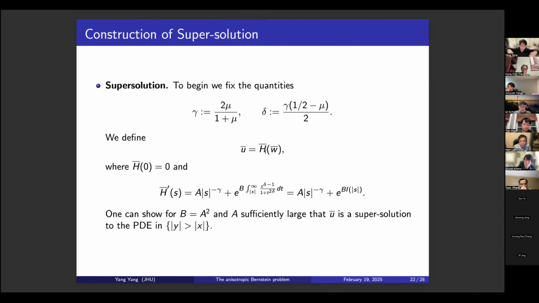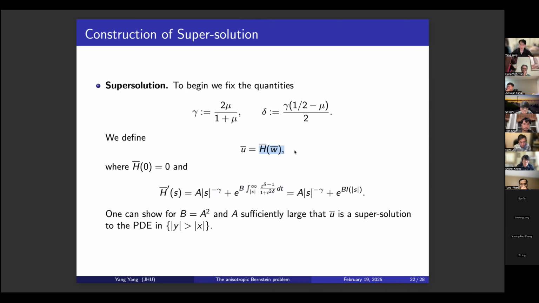In order to make the equation more negative, we make this H superbar a concave function. If you look at the second derivative of this function, it is negative, so it's concave. When we differentiate, we get something negative.